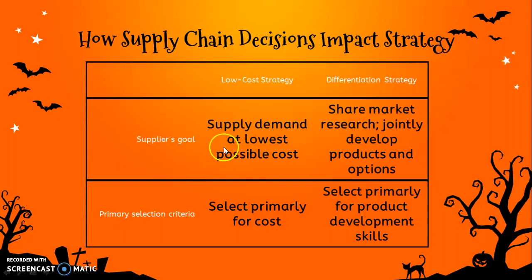The supplier's goal for the differentiation strategy will be to share market research and jointly develop products and options. The low cost strategy will be to supply demand at the lowest cost possible, of course. The primary selection criterion for low cost will be cost, of course, and for differentiation it will be product development skills. Important.